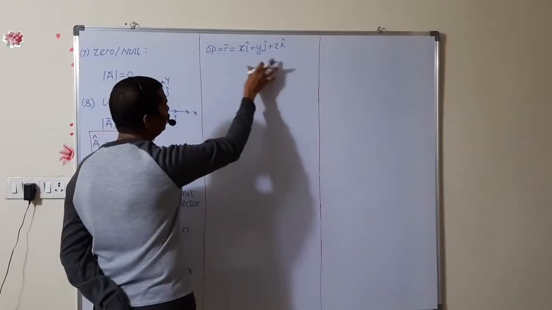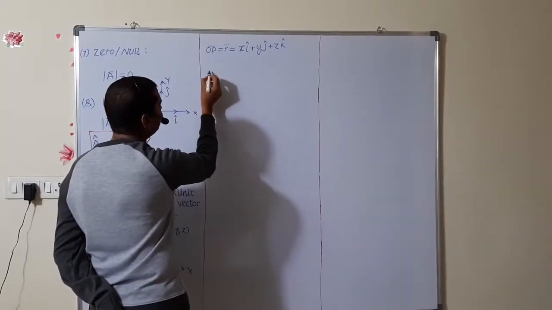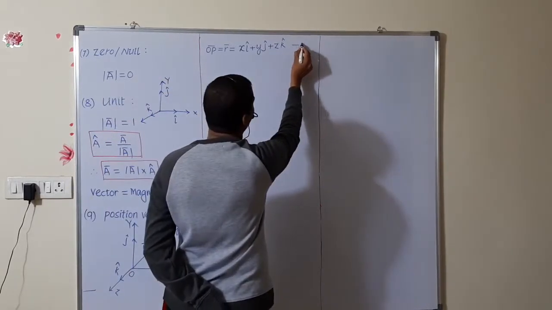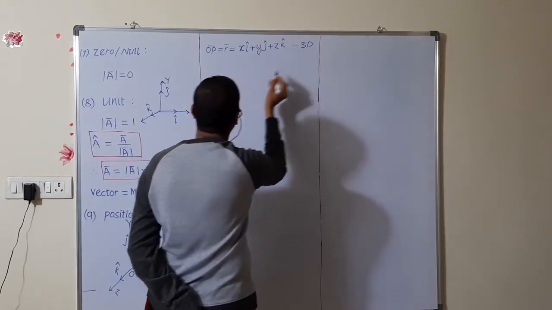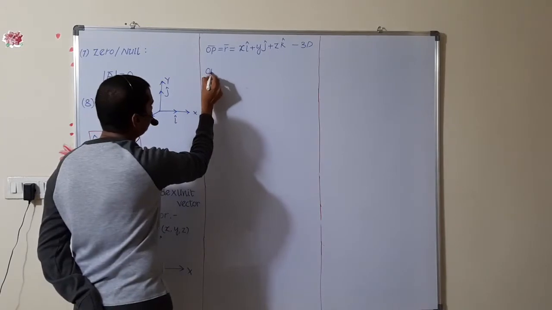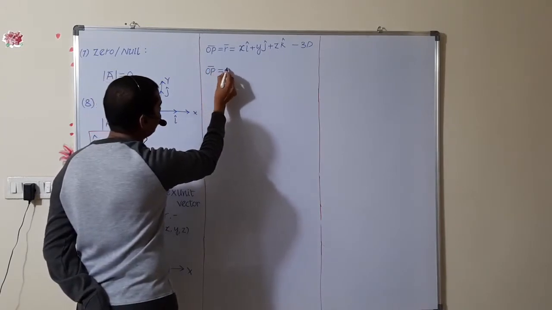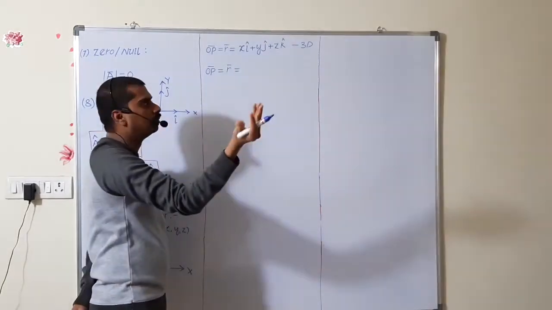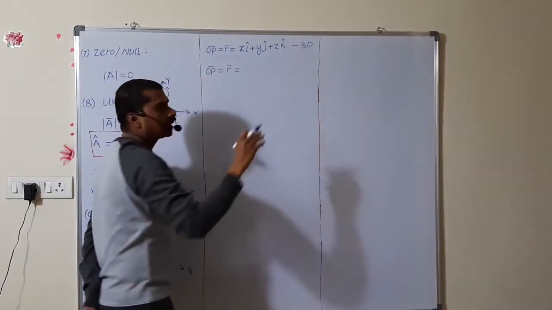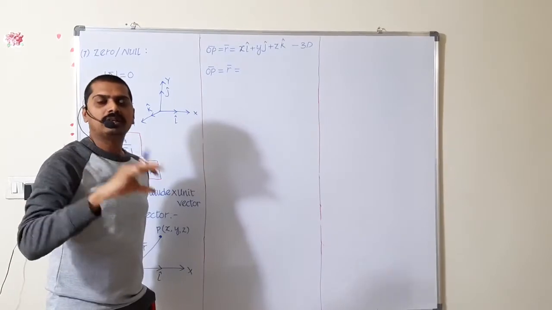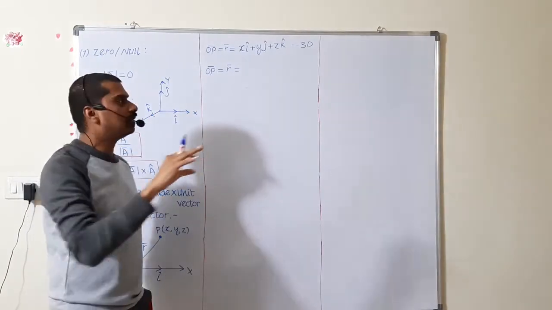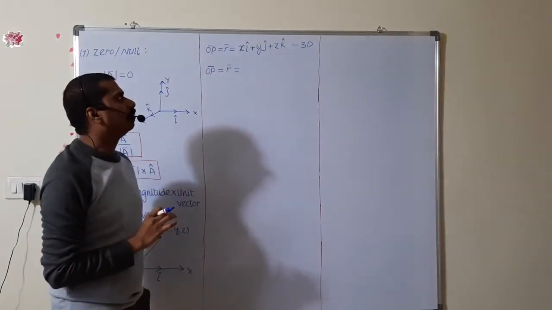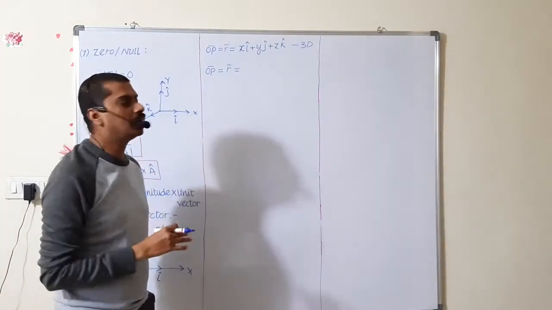If I write the vector, for example, OP vector, in two dimensions, I can write A vector as maybe any two of x, y, z. What is three-dimensional? The particle is moving along the three axes. That motion is called three-dimensional motion.